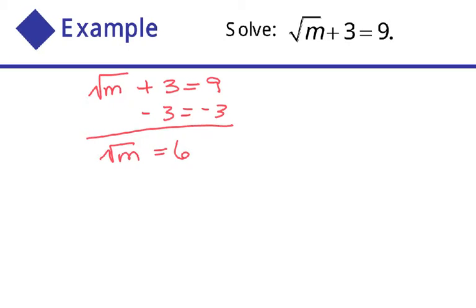Now the principle of powers tells me that if I raise the square root of m to the second power, and I raise 6 to the second power, I will still have an equation. So the square root of m squared is m, equals 6 squared, which is 36.